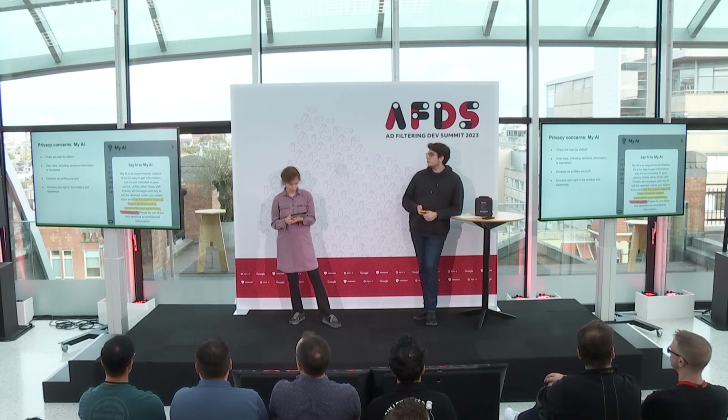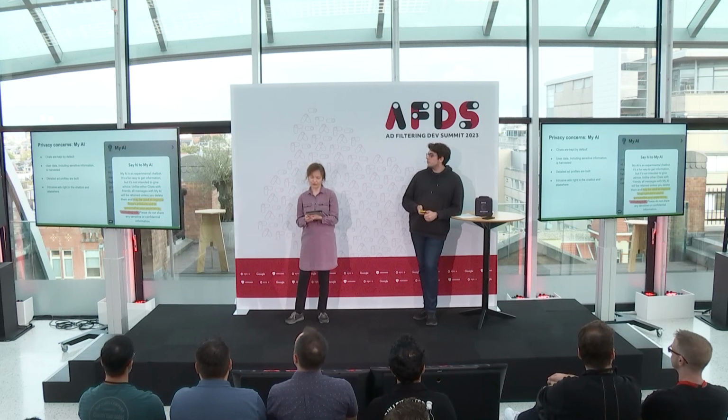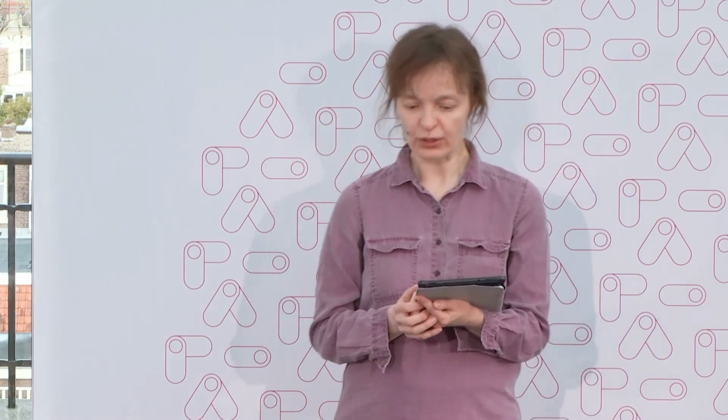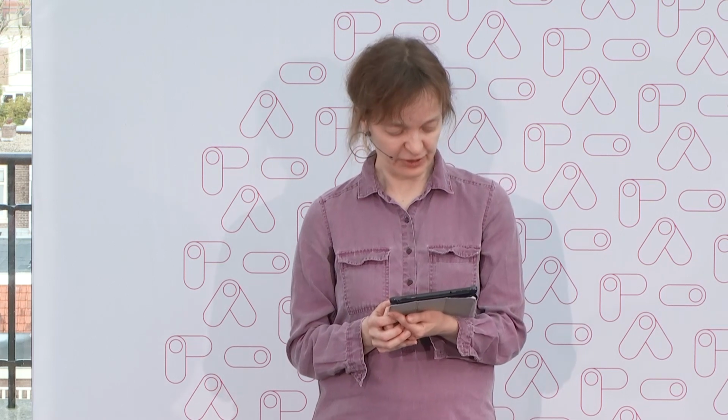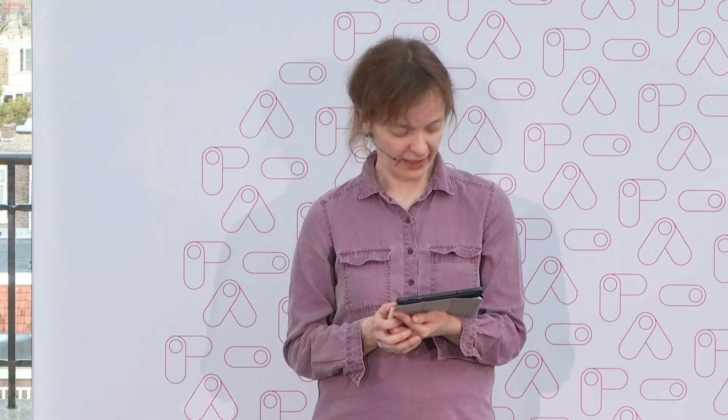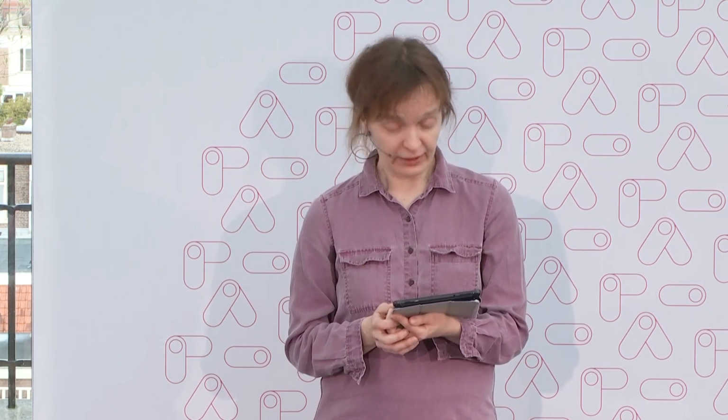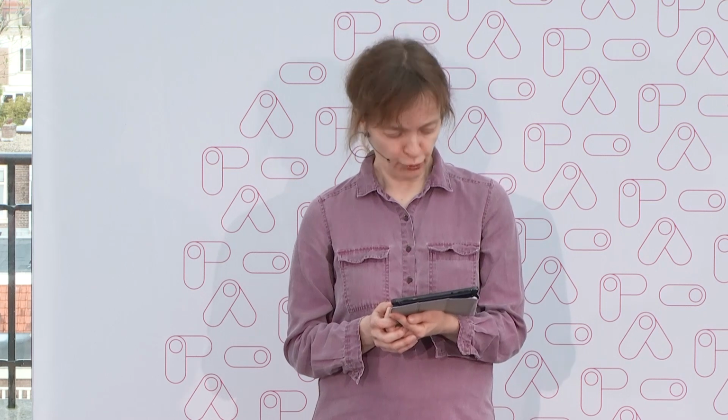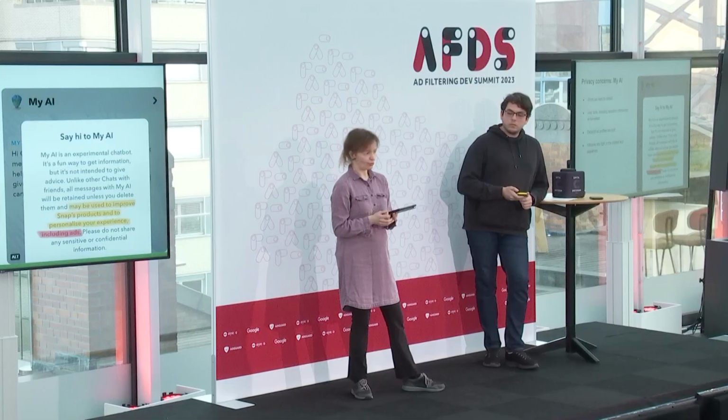Also, Snapchat's privacy policy for My AI is different, and it even states that the messages are kept and may be used to improve Snap's products and personalize user experience, including ads. And users actually reported that My AI accessed their location without permission.